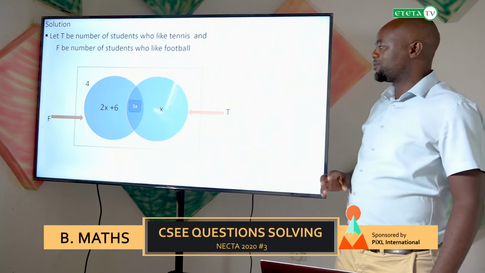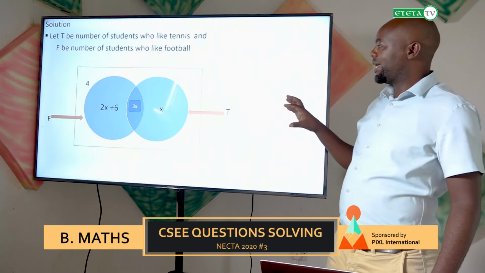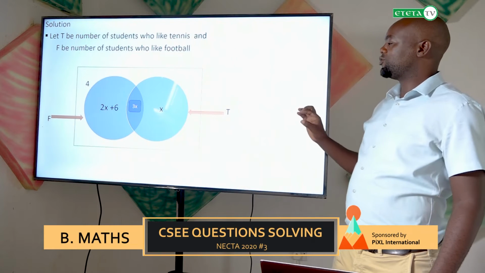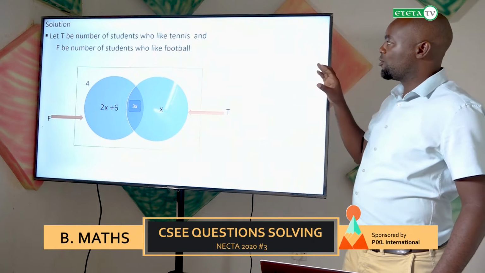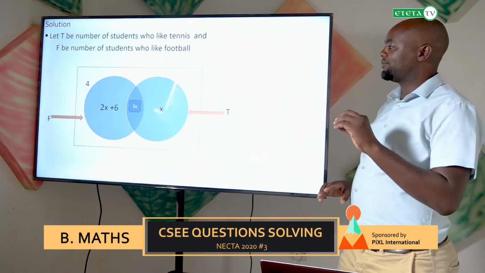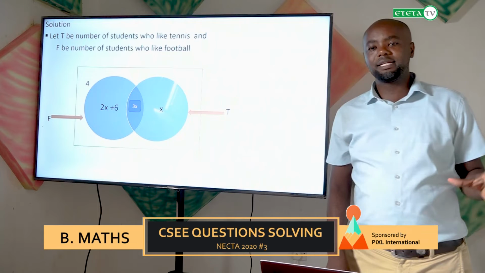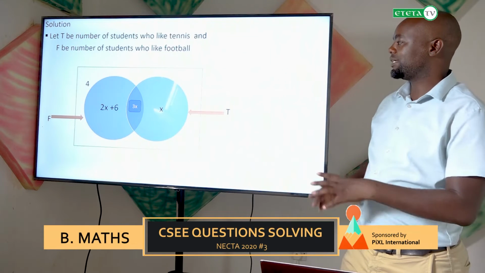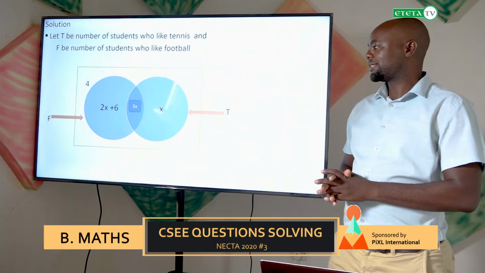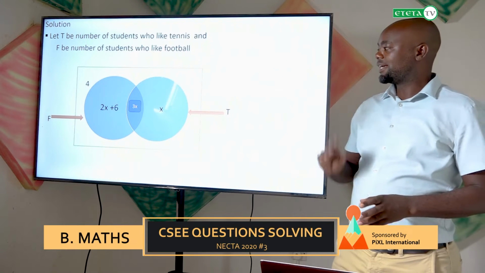Why do we put it that way? From the information, there is a number of students who like only tennis, so those who like only tennis should be in the circle labeled T, which is x, and there are students who like football only. Those students who like football only and tennis only are supposed to be in separate regions. And there is the region where the two circles intersect. There is 3x.